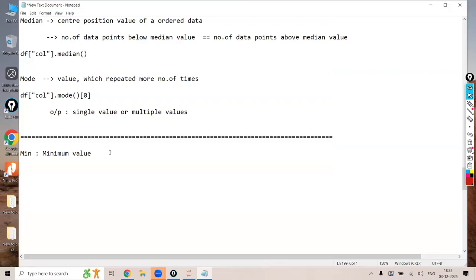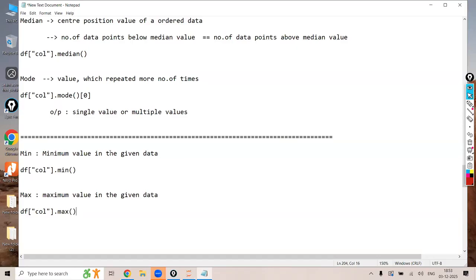Minimum is nothing but the minimum value in the given data, and this is df of column dot min. Similarly, max is nothing but the maximum value in the given data, that is df of column dot max.